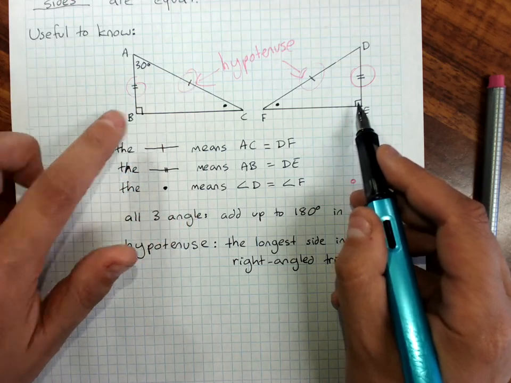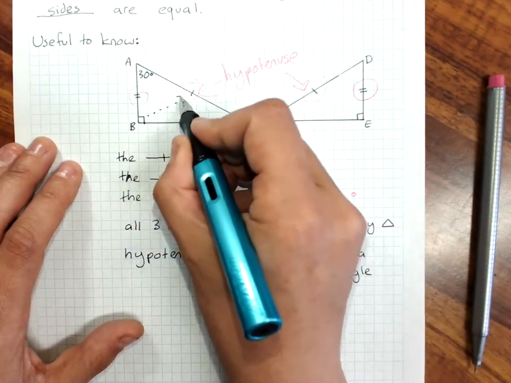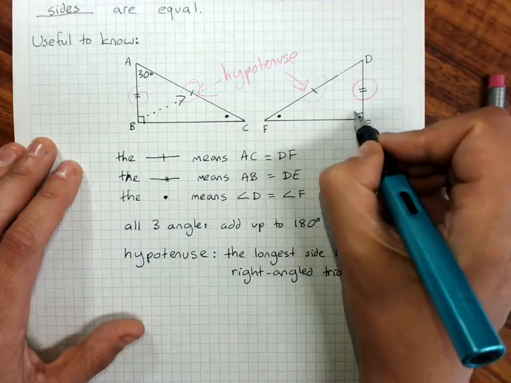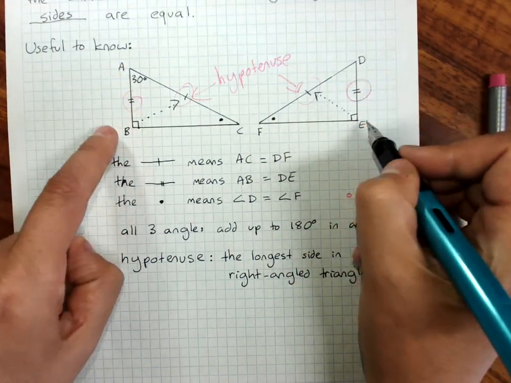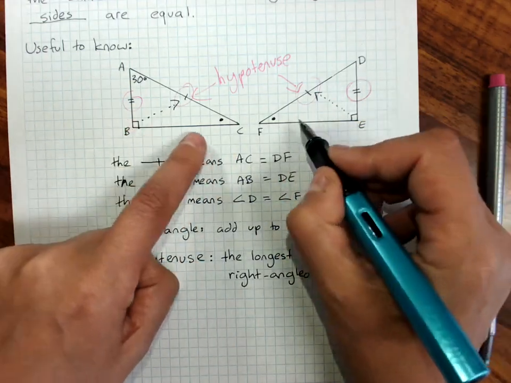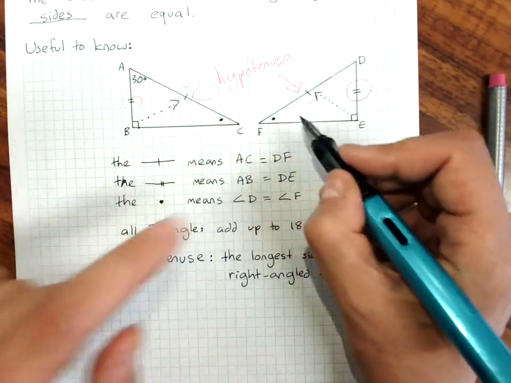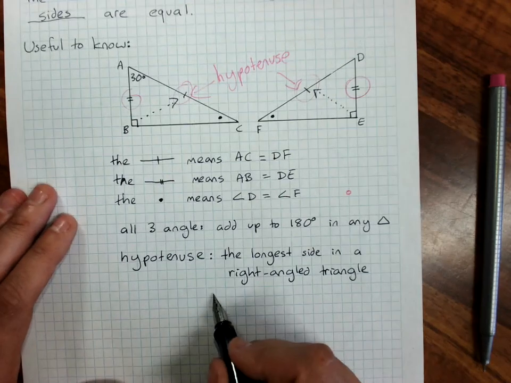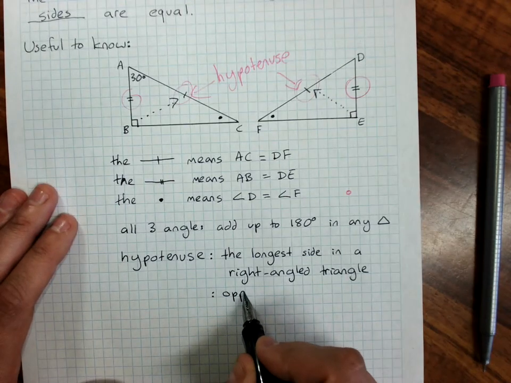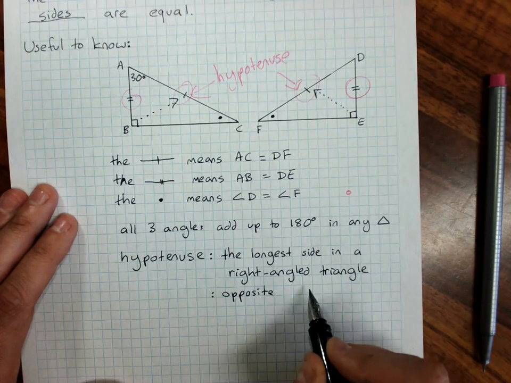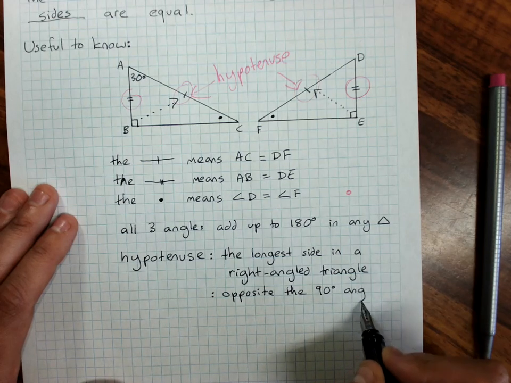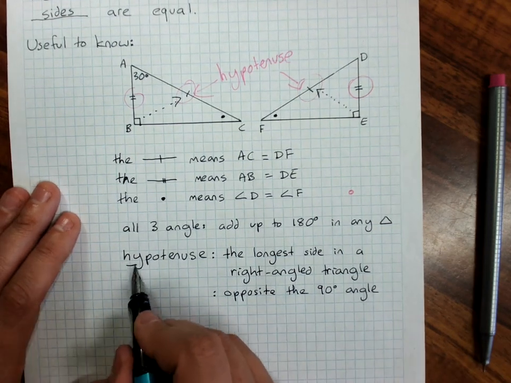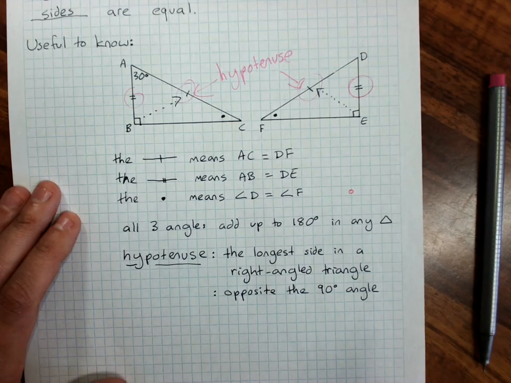So the hypotenuse is opposite the 90-degree angle. See how the two short sides make the 90-degree angle, and the longest side isn't touching the 90-degree angle. So it's a new word, hypotenuse, and we need to know that one.